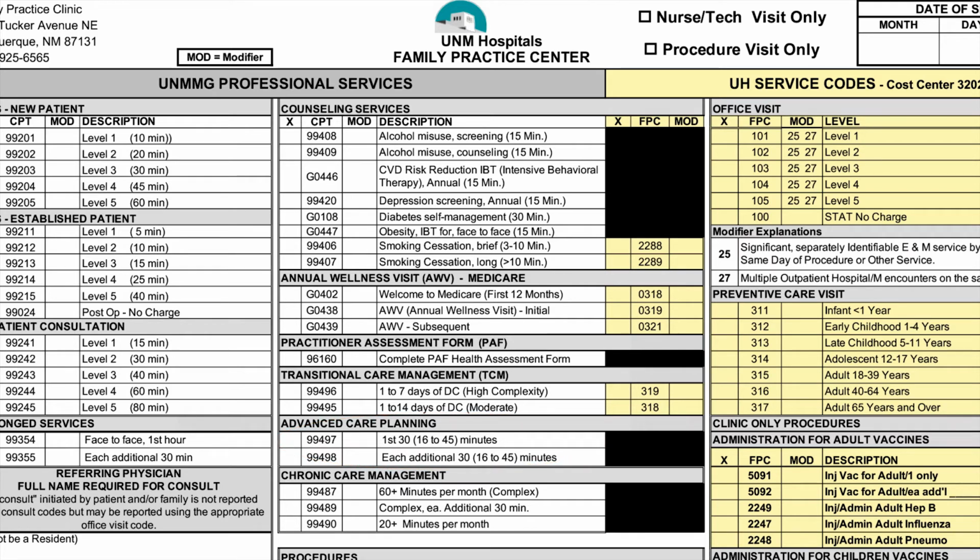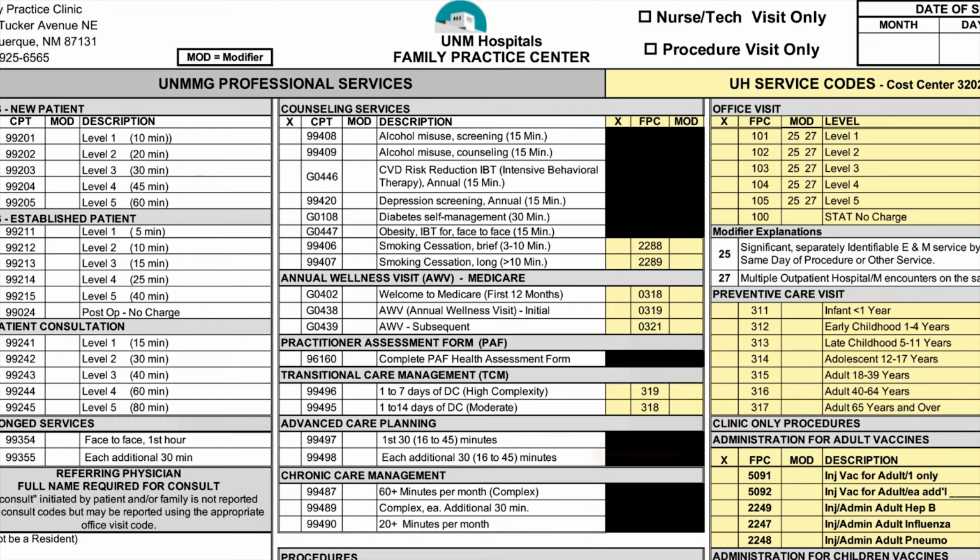The next block is Advanced Care Planning. This is after your initial 15-minute 99213 visit. If you spend time after that, from minute 16 to 45, talking about advanced care planning, their code status, what they want at the end of their life, the power of attorney, all those things can now be coded for in these advanced care planning boxes.